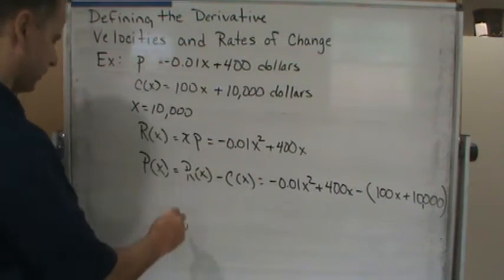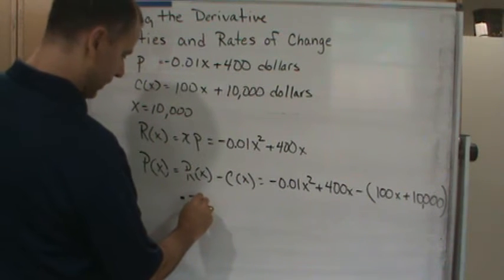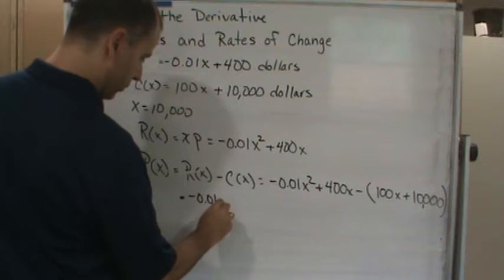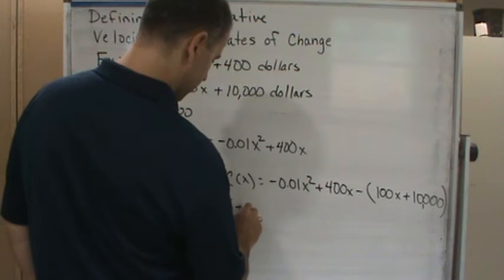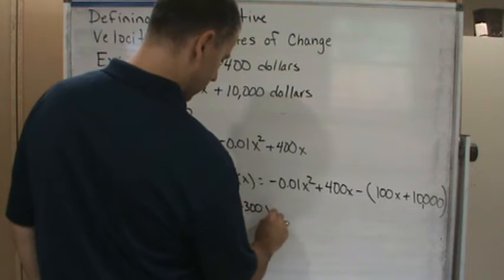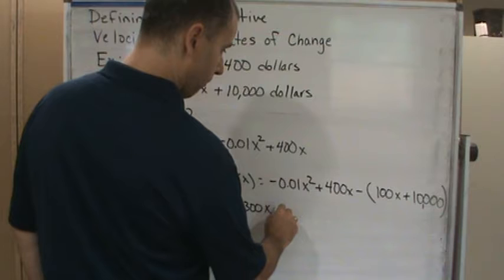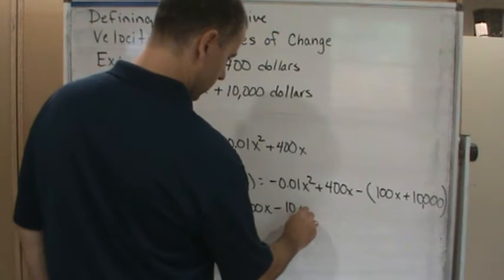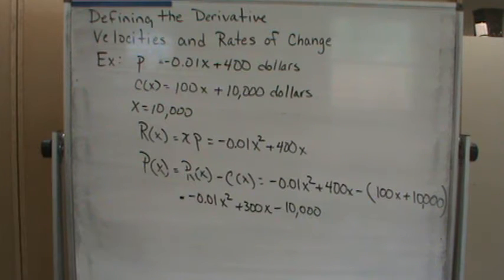Okay, and so this is going to give us negative 0.01x squared plus 300x minus 10,000.